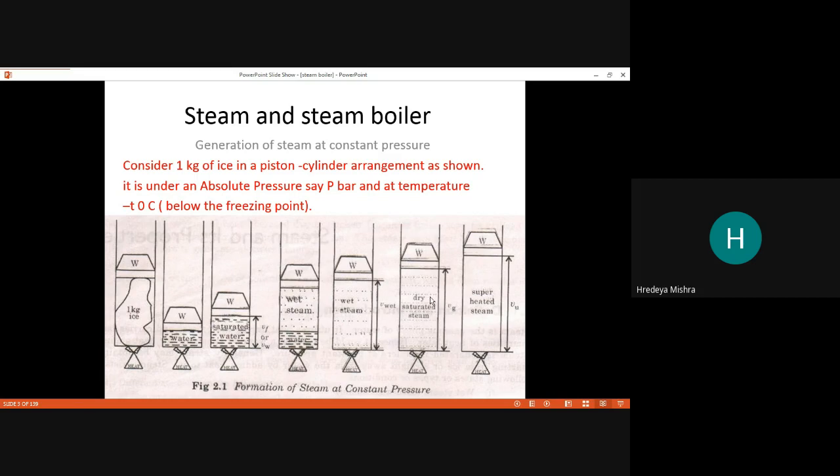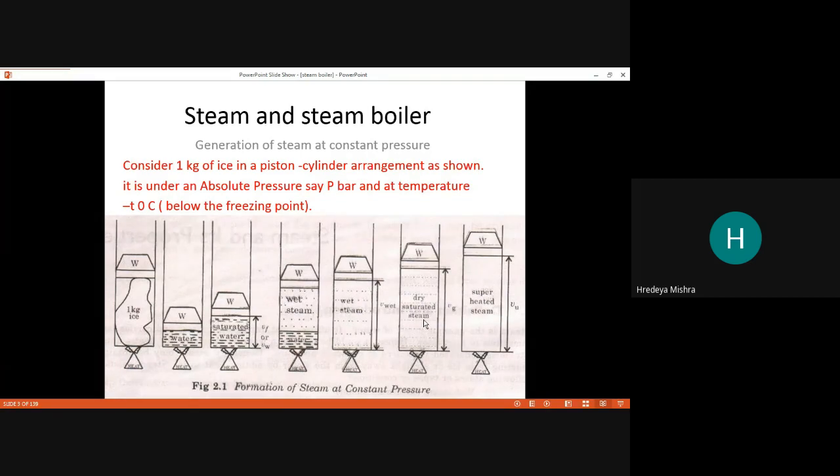See here, dry saturated steam. Like saturated water, dry saturated steam is a condition where if we further heat the steam, then the steam is converted to superheated steam. It means saturated steam is the limit.